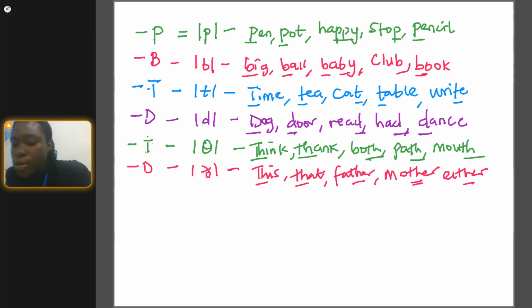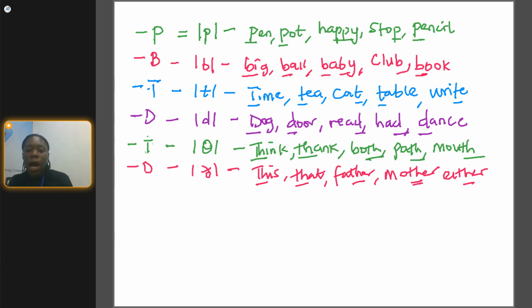Okay, so this is different from think. Okay, so you have sound and the sound. Some people mix them up, especially because this sound usually comes in th. So you are beginning to wonder which of the th is carrying this particular sound. Does this th belong to one or does this th belong to the other?